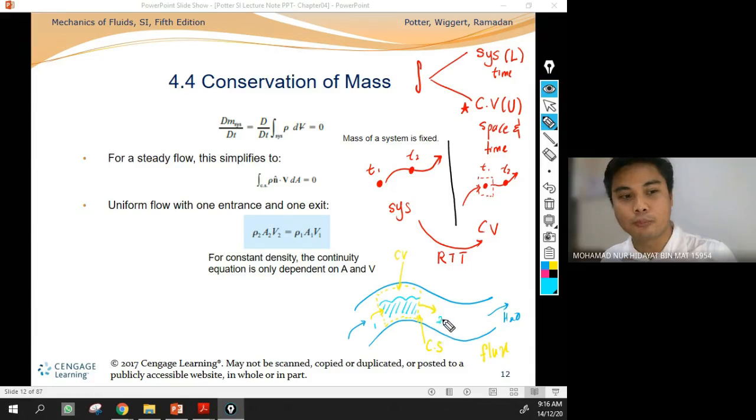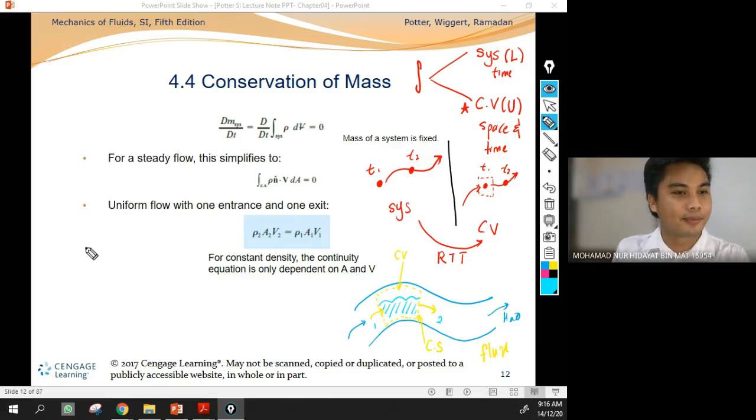And we have to add the flux definition, which is the extensive property coming into the system and leaving the system. Thus, the Reynolds transport theorem, we simplify into this term, right?